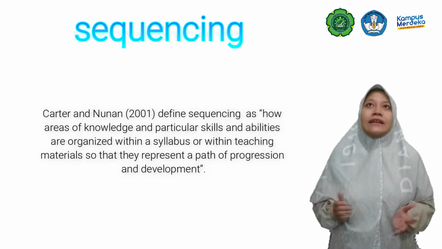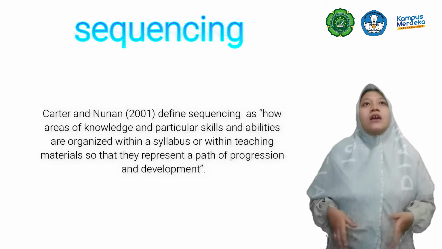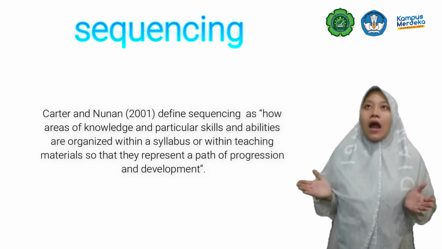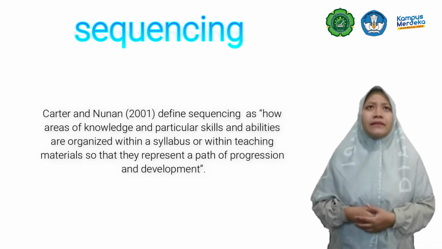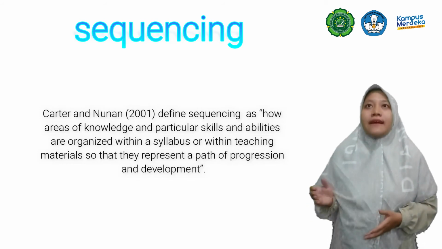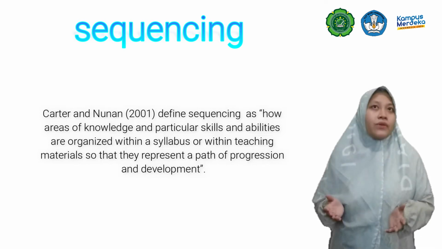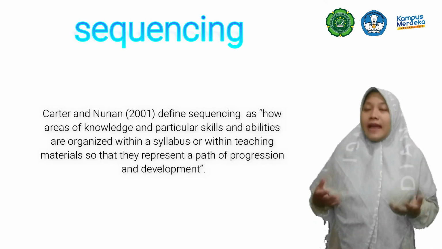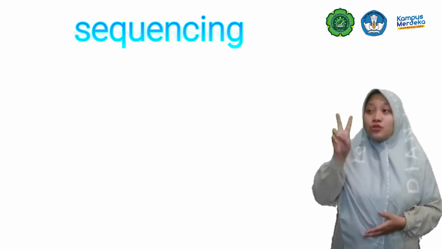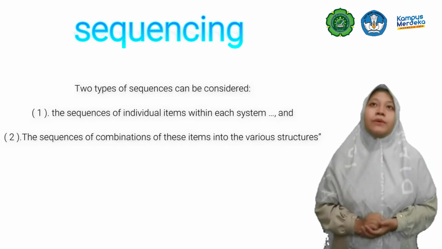Now we focus on sequencing. So Carter and Nunan define sequences as how areas of knowledge and particular skills and abilities are organized within a syllabus or within teaching materials so that they represent a path of progression and development. So two types of sequences can be considered.